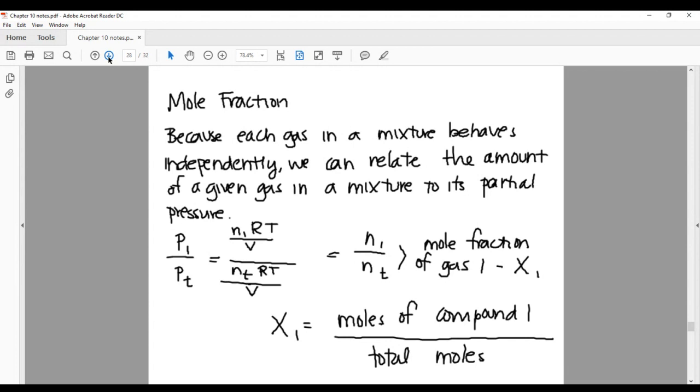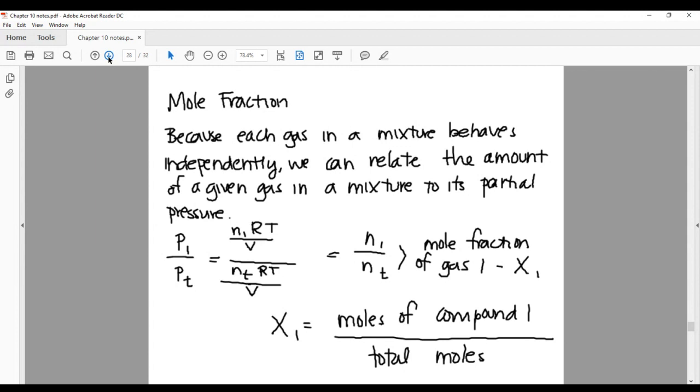So we've got this derived equation here again. And basically what I've done is just solved for pressure. I've got P1 over P total, so my pressure of a gas, whatever gas it is, divided by the total pressure of the gas.